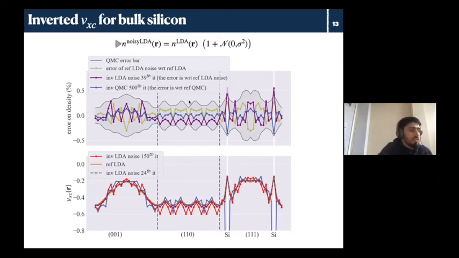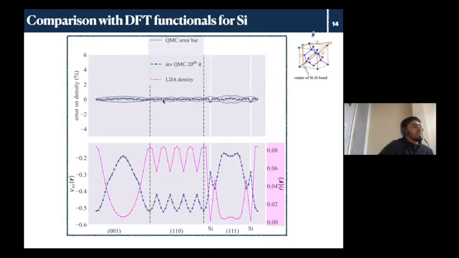And since all this VXC gives very good density, I choose an iteration where the inverted VXC is smooth. As you can see here, its error is within the error bar of QMC.